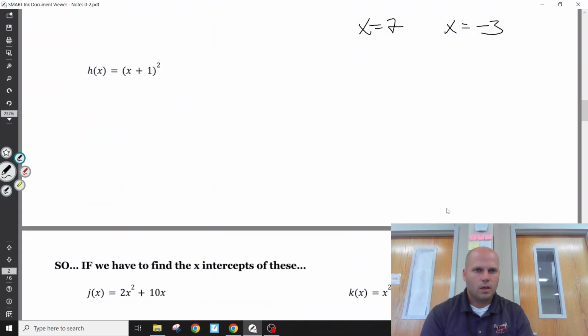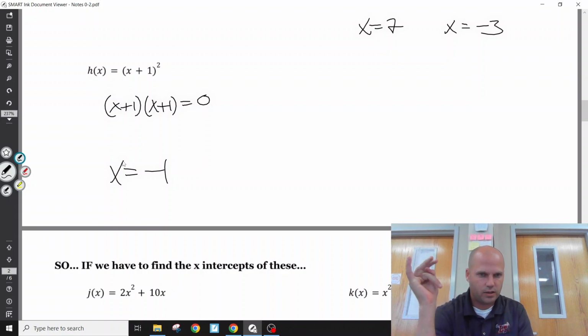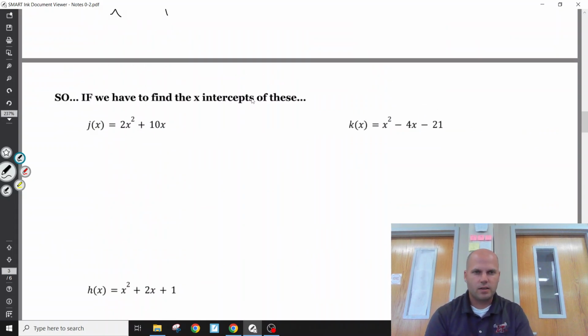Here, x could equal negative 1. That actually occurs twice, but we're just going to say that's the number negative 1 that occurs. Okay?